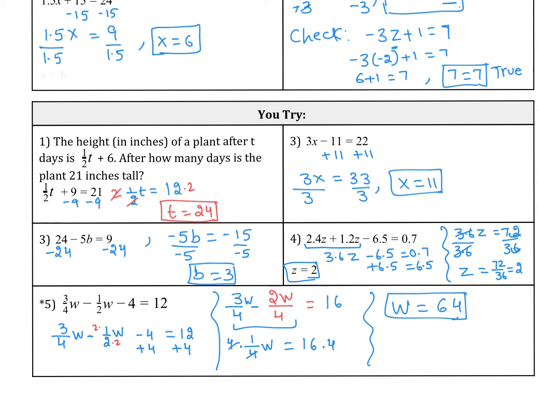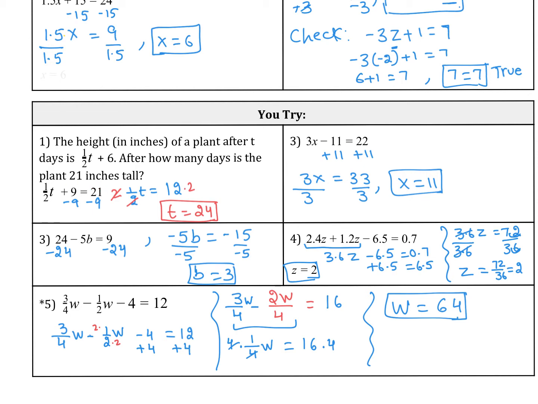You want to solve for t. Subtract 9 on both sides, and you get 1 over 2t equals 12. Then to cancel the 2, you multiply by 2 on both sides. So t becomes 24. After 24 days, the plant will be 21 inches tall.